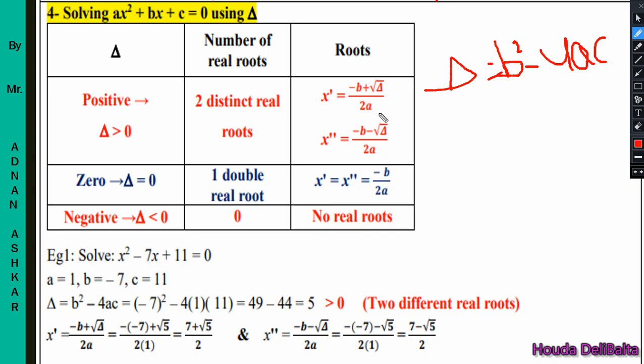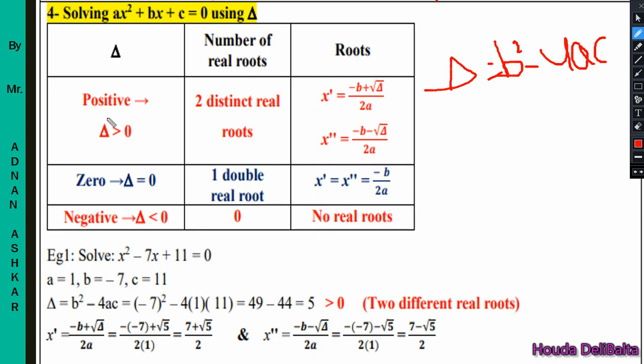So this is a rule that should be memorized for x prime. For x double prime, it's similar, but there is a difference here, as if they are conjugates. So x double prime is equal to minus b minus radical delta over 2a.